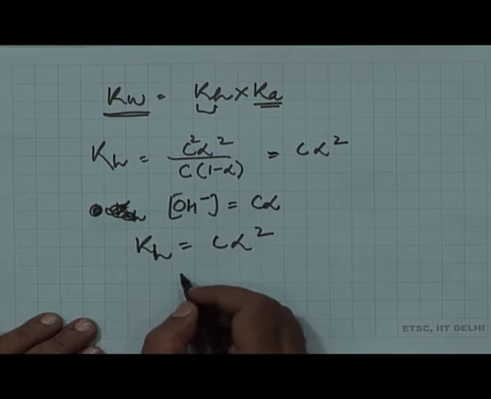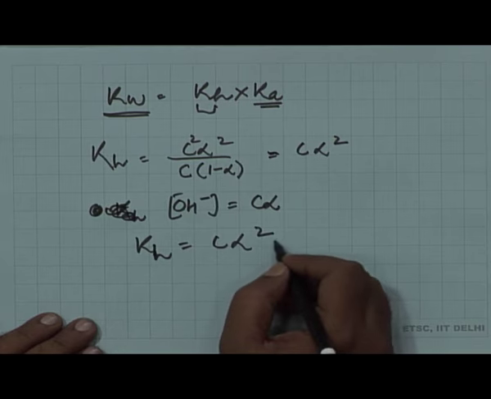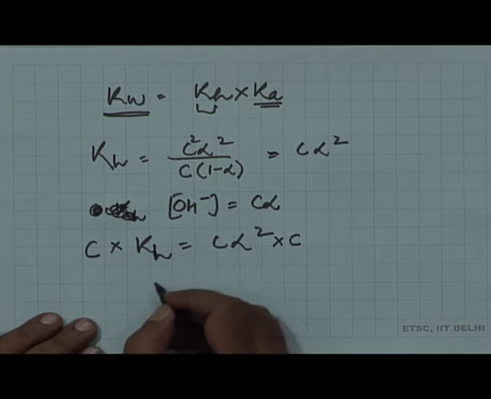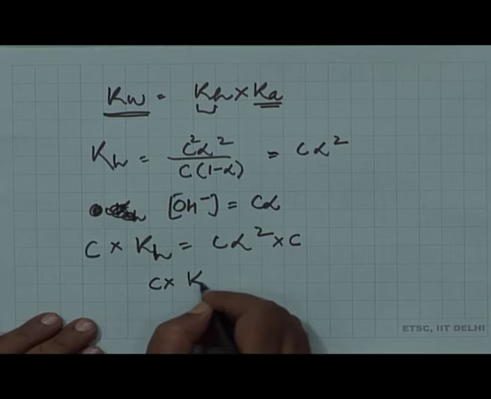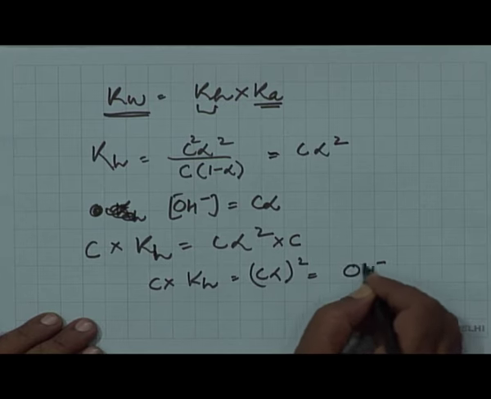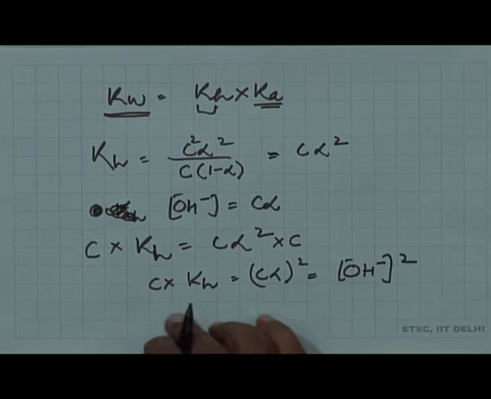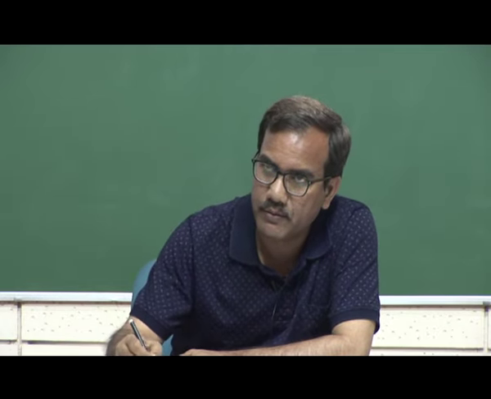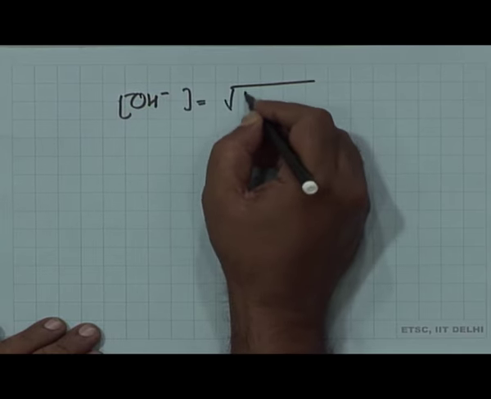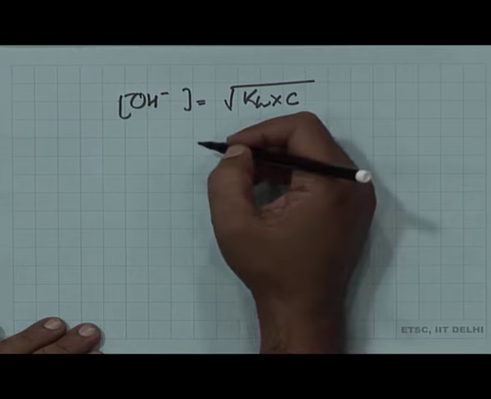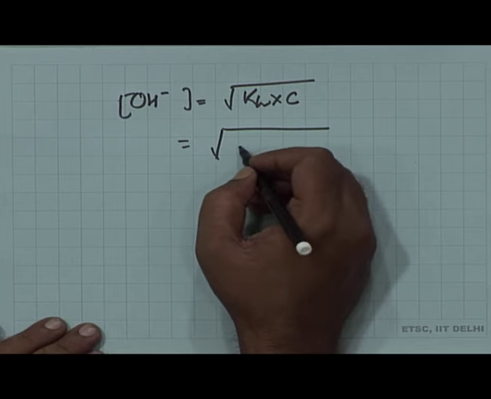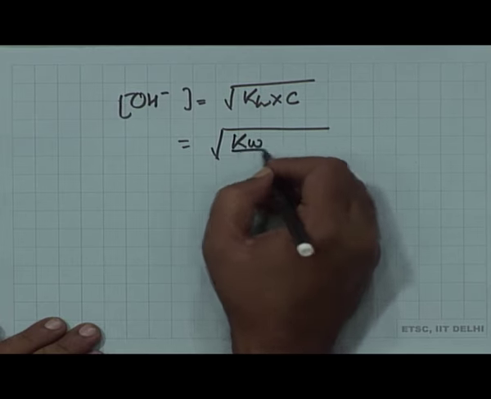If I multiply both sides by C, then C into Kh will be C square alpha square, which is OH minus square. So the OH minus concentration is equal to the square root of Kh into C, and Kh we already calculated: Kh is equal to Kw by Ka.